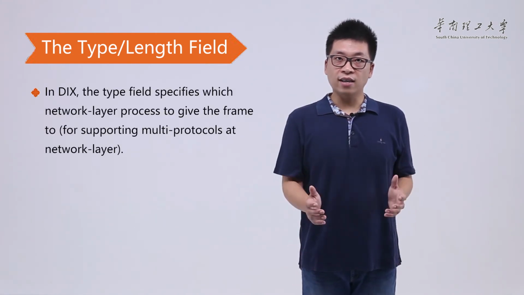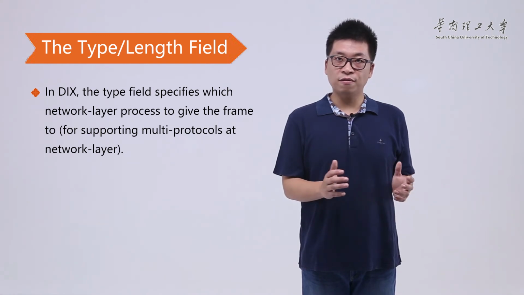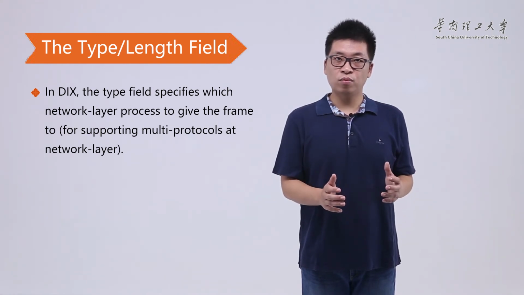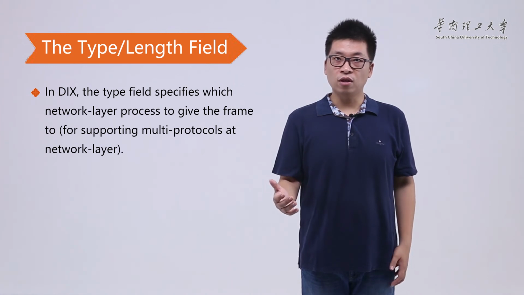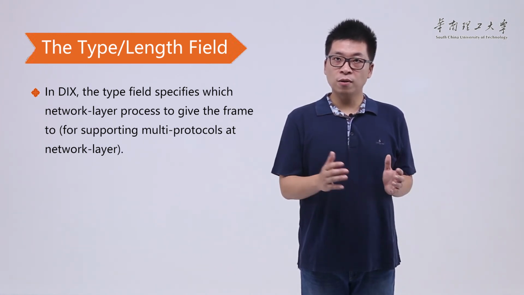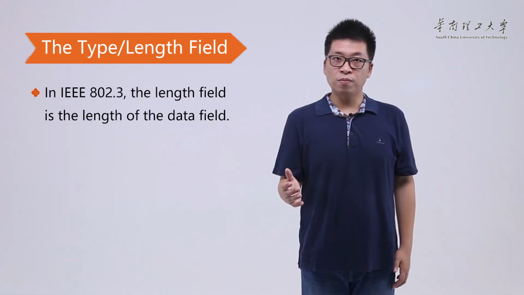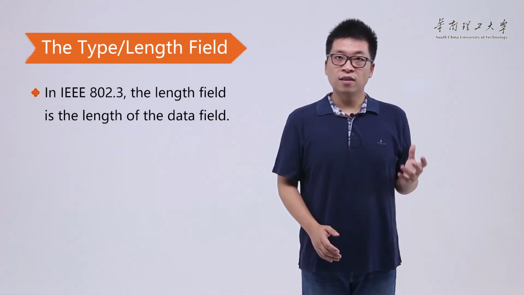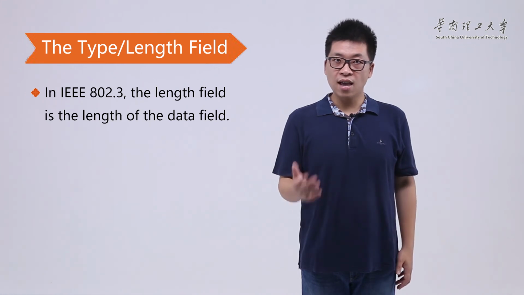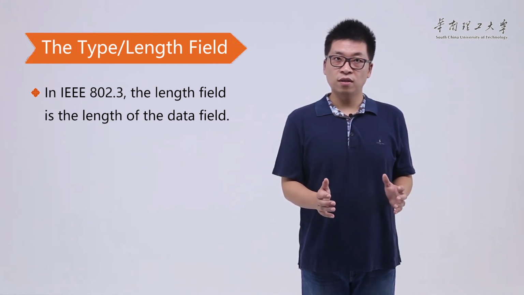The type or length field is the other difference between the Ethernet and IEEE 802.3 protocols. In DIX, the type field specifies which network layer protocol to give the frame to, for supporting multiple protocols at the network layer. In IEEE 802.3, the length field is the length of the data field.